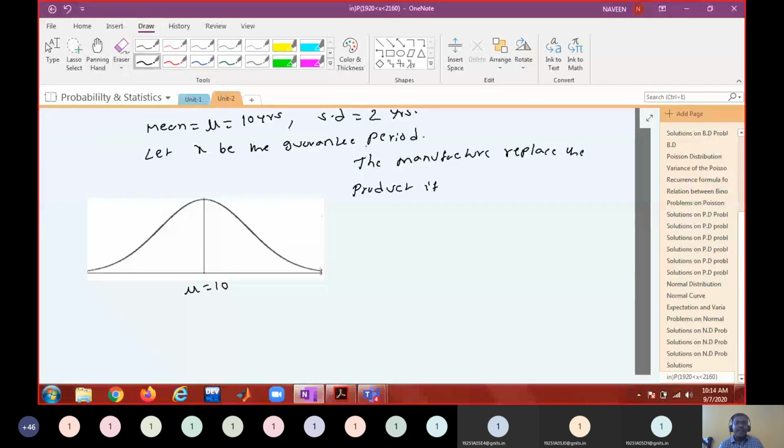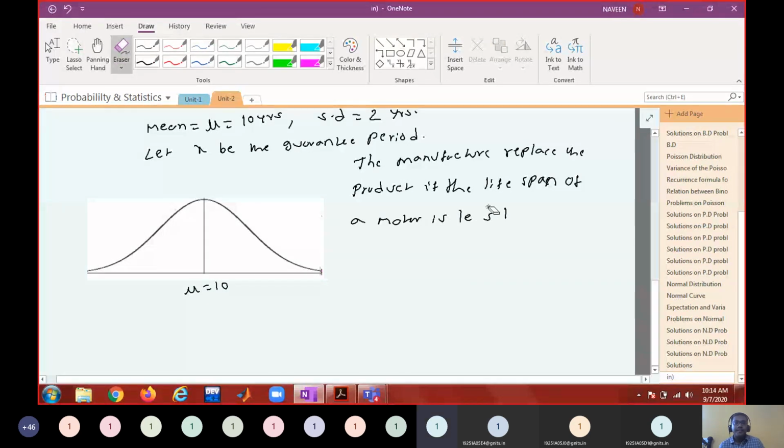So the manufacturer will replace the product if the lifespan of a motor is less than how many years? When will he replace?